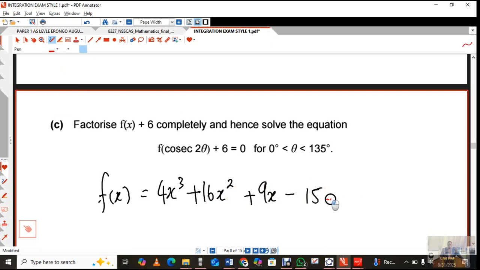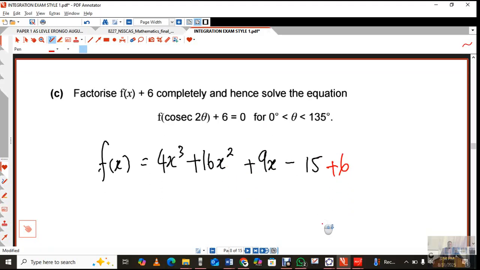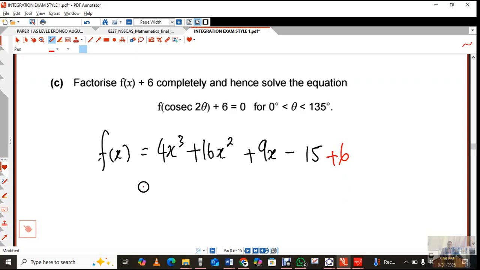So if I'm going to add that remainder, then I'm going to have that f of x is 4x cubed plus 16x squared, and then you have 9x, and then you have negative 9.